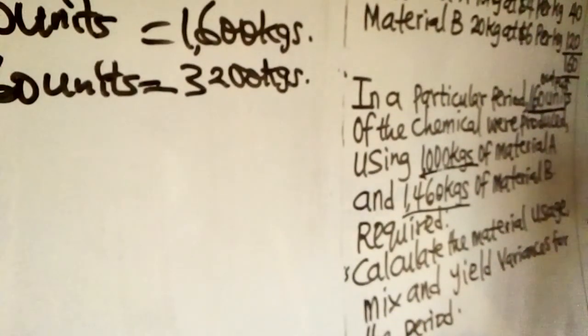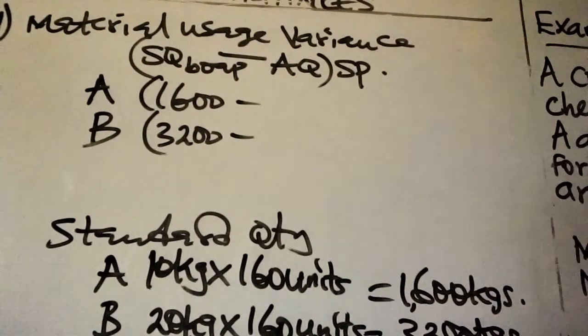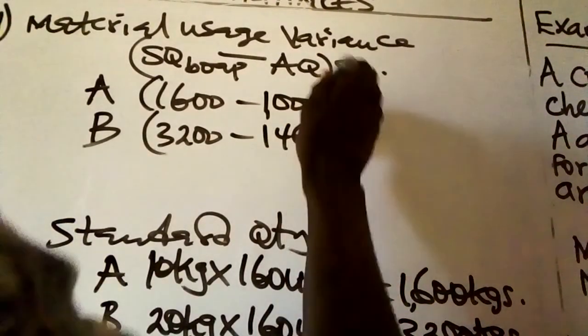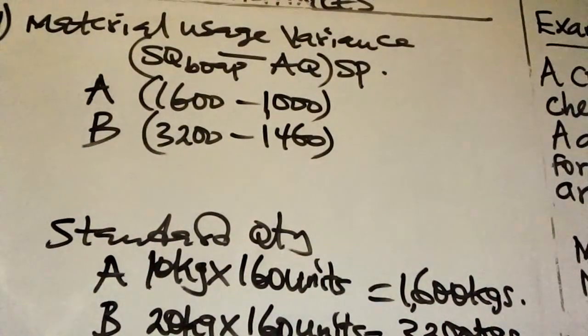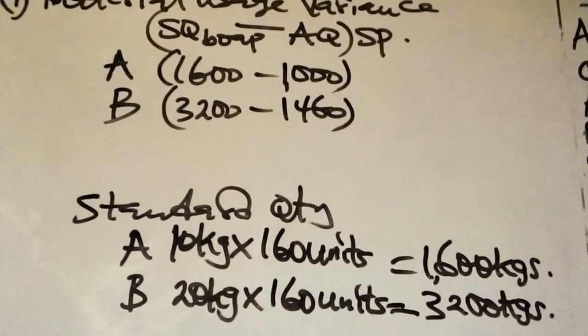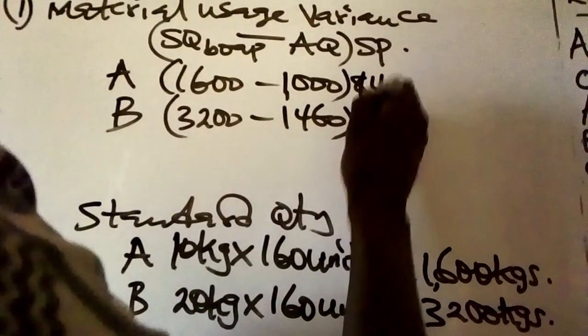The actual quantity for material A is 1,000 kg and that of material B is 1,460 kg. Multiply by the standard price. So how much is the standard price per unit of the materials? For material A, the standard price is $4 and $6 for material B.